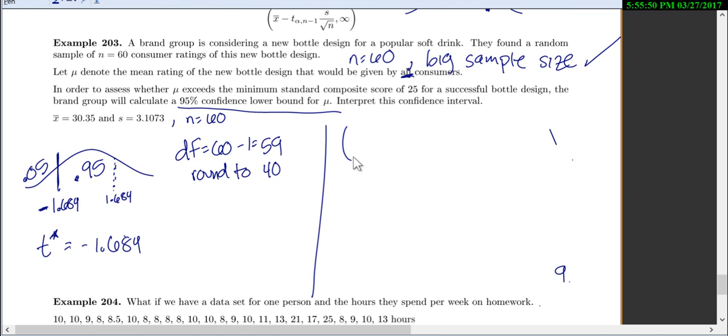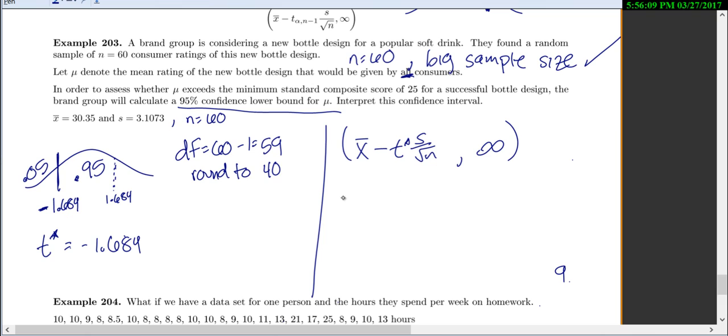And normally we would do a plus or minus, but we don't actually need to find the top value. So our bottom point will be x bar minus t star s over square root of n. And our top bound will be just infinity, because we're not really looking for the top.